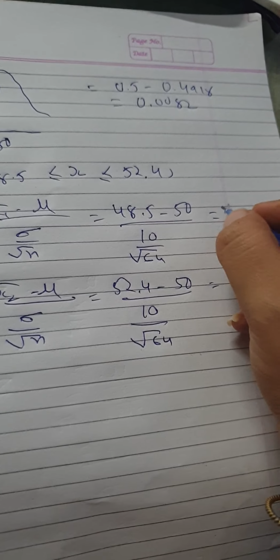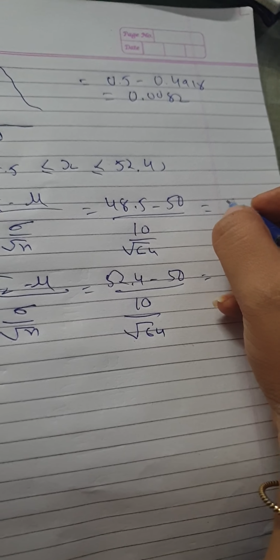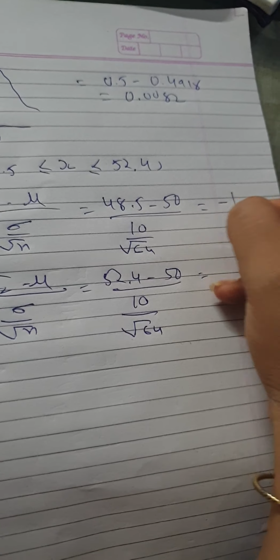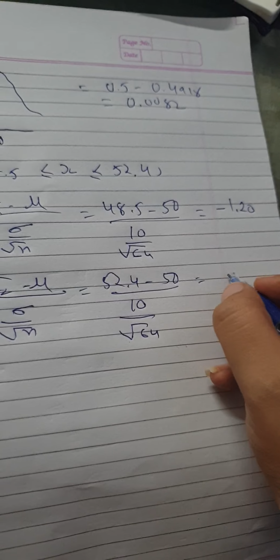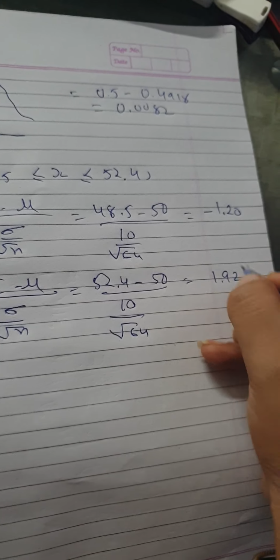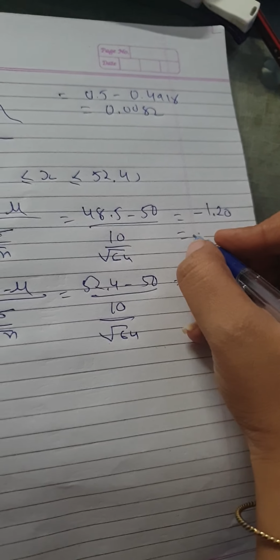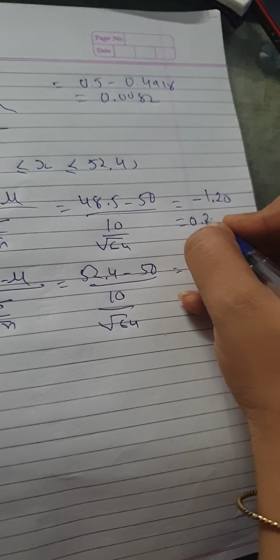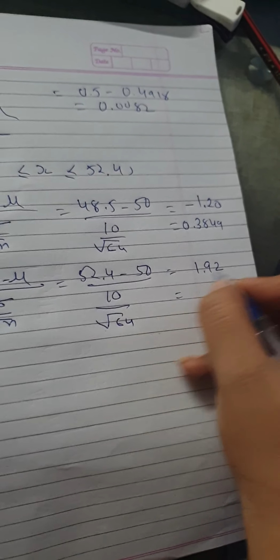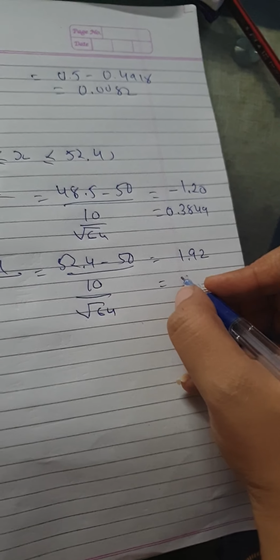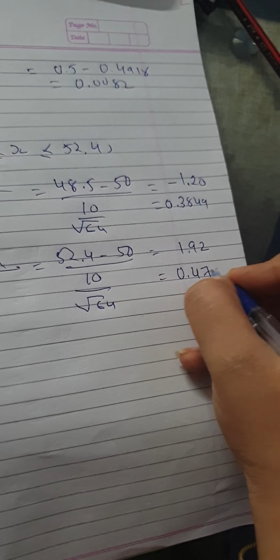You will solve this and get minus 1.20 and 1.92. So the table value for minus 1.20 is 0.3849. If you check 1.92 in the table, the value is 0.4726.